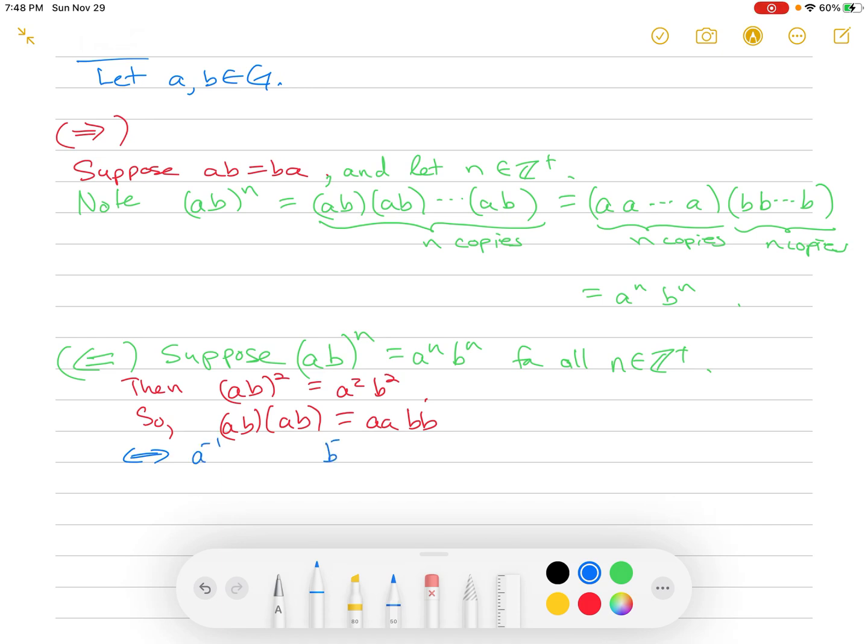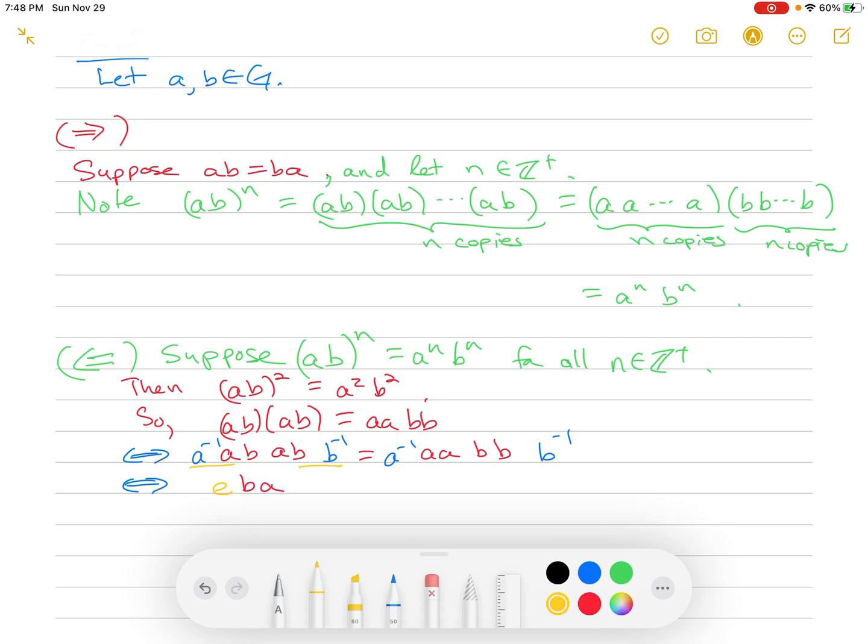So what I can do on the left, I can multiply by A inverse, and on the right by B inverse. We have A, B, A, B, and do the same thing on the other side of the equation. I have A inverse, B inverse, A, B, B. And basically here, this A inverse A is going to give me the identity, and I'm going to have what?